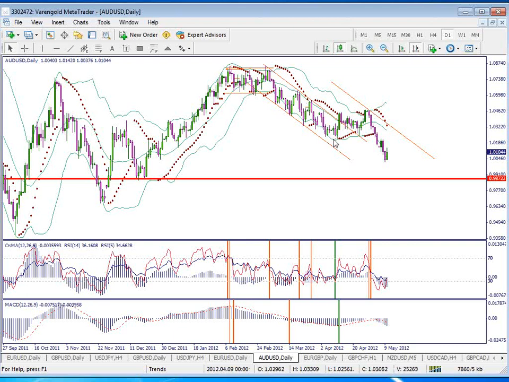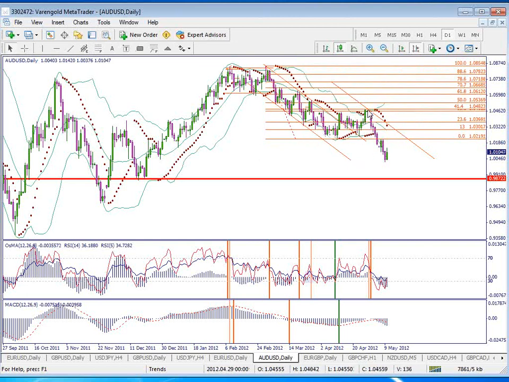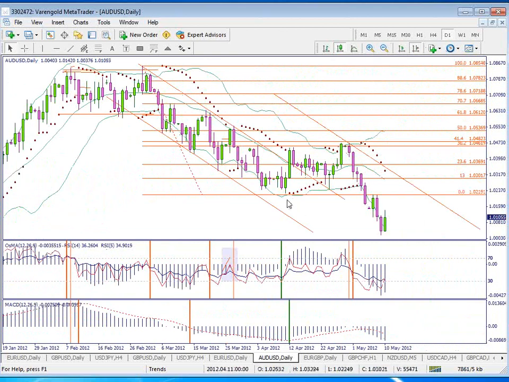So on this channel, the pair just tested the 41.4 level here, and now it starts to go into the down direction. I think that probably the pair will test the parity level.